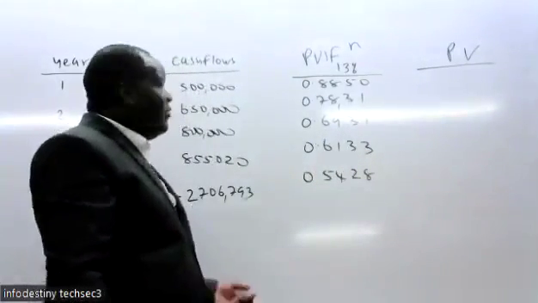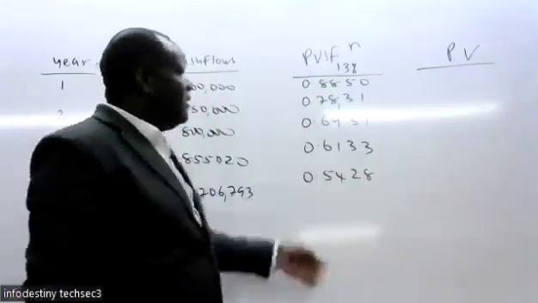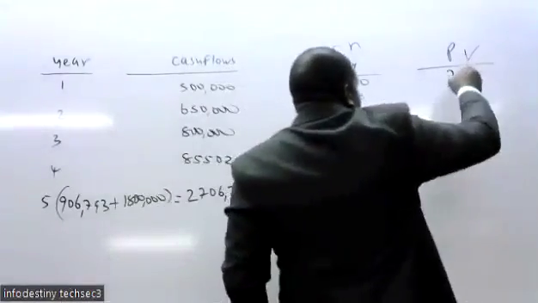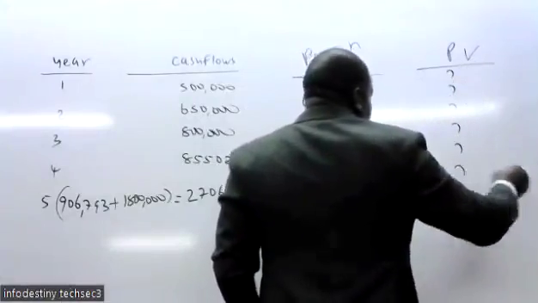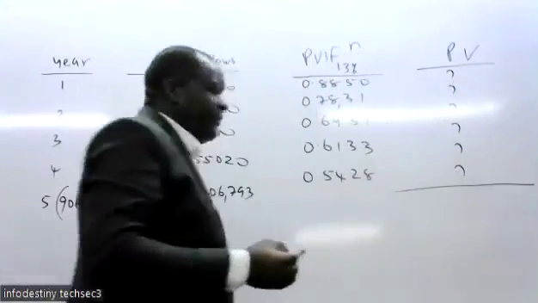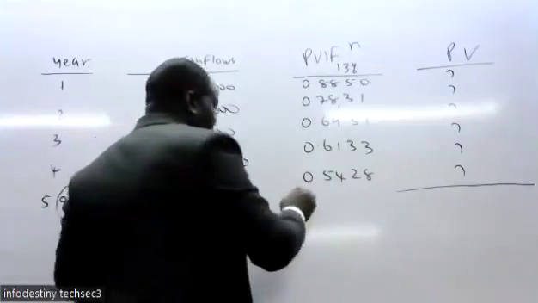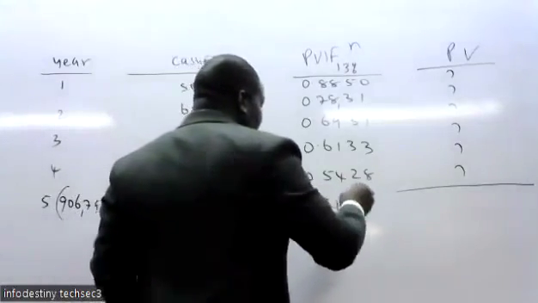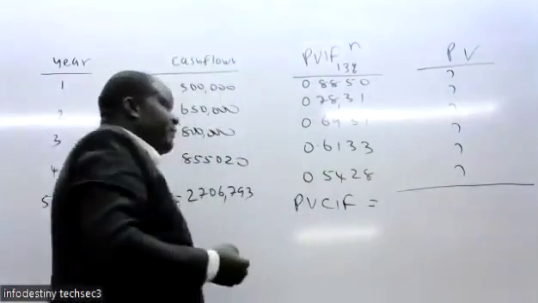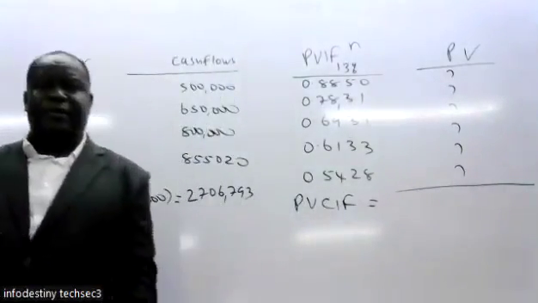So now you multiply these cash flow figures by these figures of the table, so that you get your present value. When you add, you will get the present value for the cash inflows.